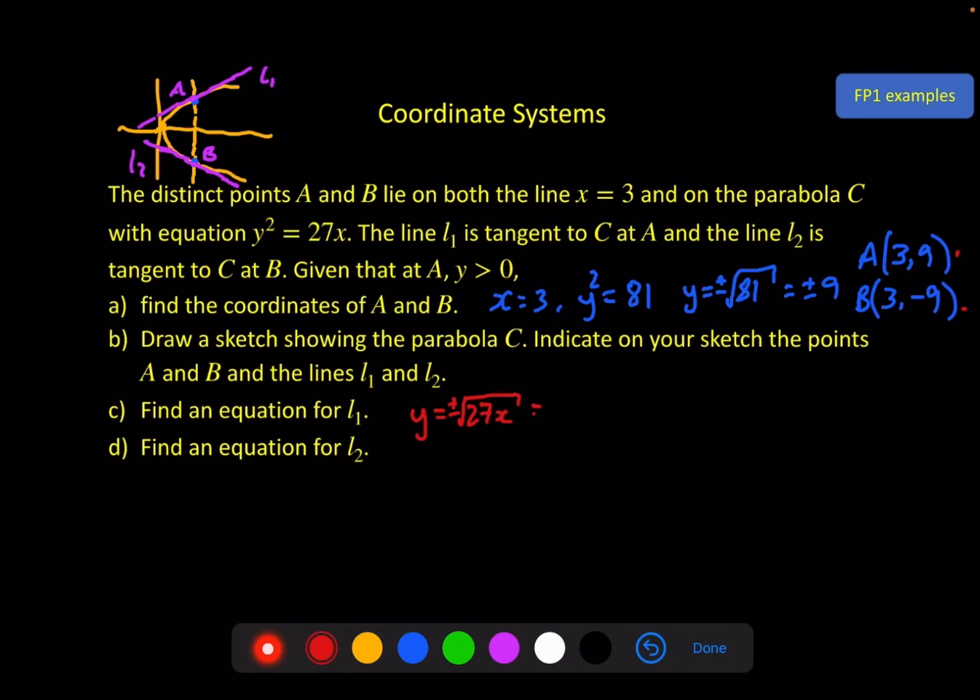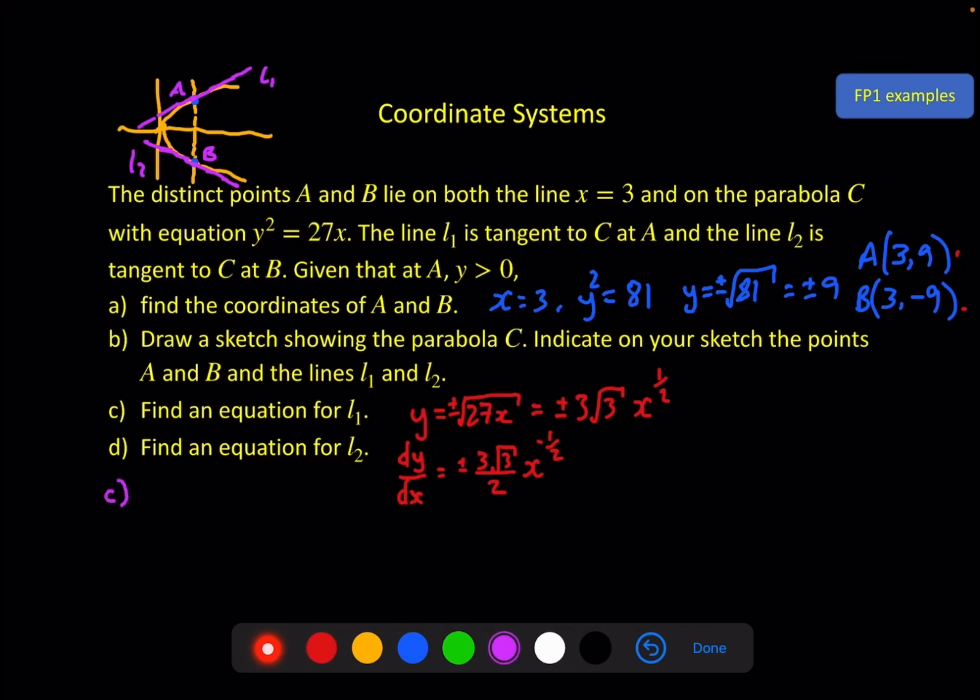So I'm going to write that as plus minus 3 root 3 times x to the half, so that I can differentiate this more easily. The half comes down, so we have plus minus 3 root 3 over 2 x to the minus half. So that covers both C and D. Now we need to be more specific.